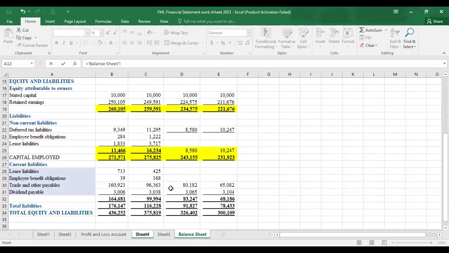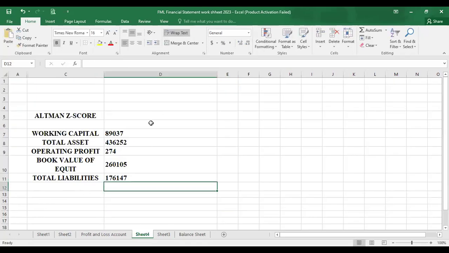So you would also get it from the statement of financial position. And that is the total liabilities given. So we have the information we need for the ratios. Then we also need accumulated profit.